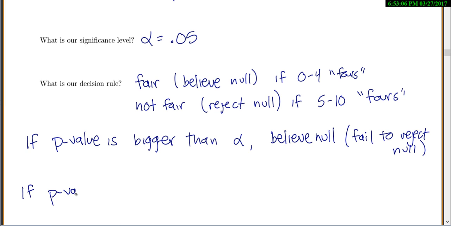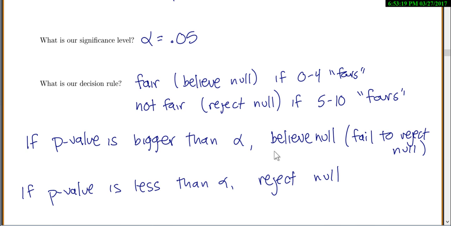And if the p-value is less than alpha, we will reject the null. So that's something you're going to want to memorize. If you have a big p-value, you fail to reject the null hypothesis. If you have a small p-value, you reject the null hypothesis.